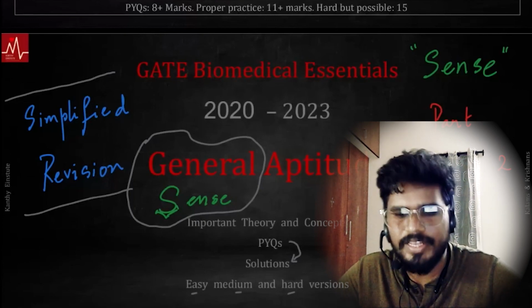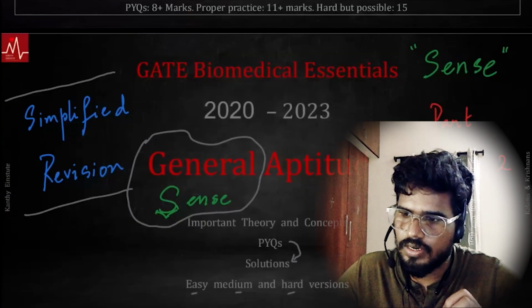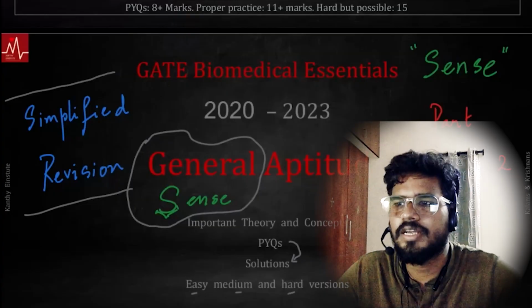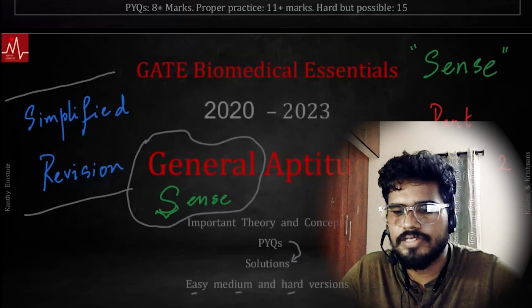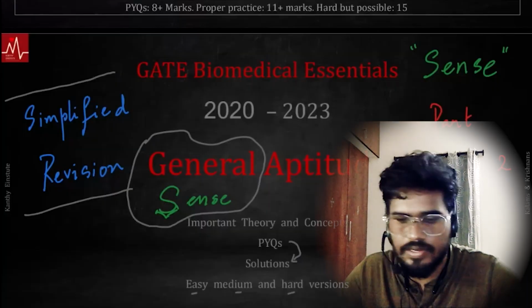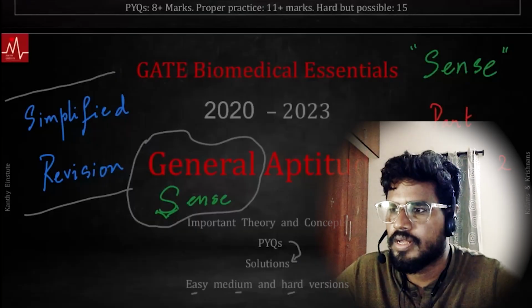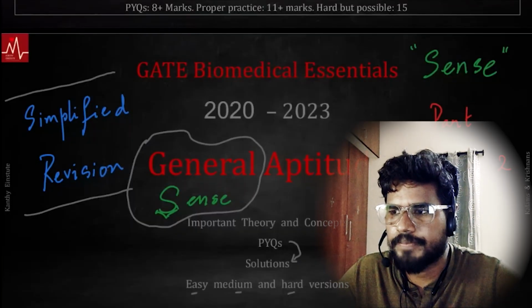The courses were not there at the initial days of the semiconductor industry booming. At that time, everyone quickly realized that those who are good at aptitude are all good at coming up with circuits, designing circuits, and all of that. That is how general aptitude kind of got prominent.